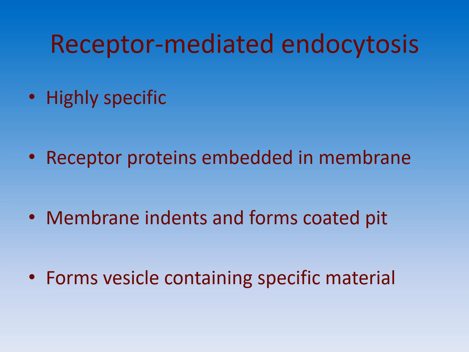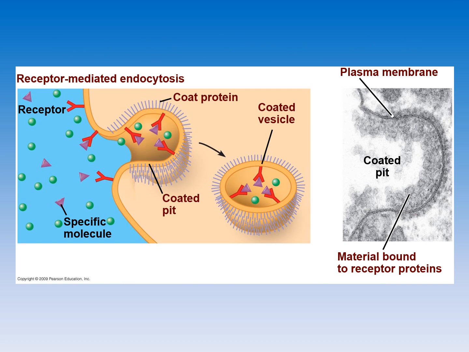Now, receptor-mediated endocytosis is very, very specific, and it's going to be dependent upon some of those receptor proteins that are embedded in the membrane. So what happens is when something binds with the receptor, that's going to trigger the membrane to kind of indent and form a vesicle that's containing that specific material. And I think it's best if you see here, it looks like a Y, the receptor protein, the red structure here, that's on the surface of the membrane.